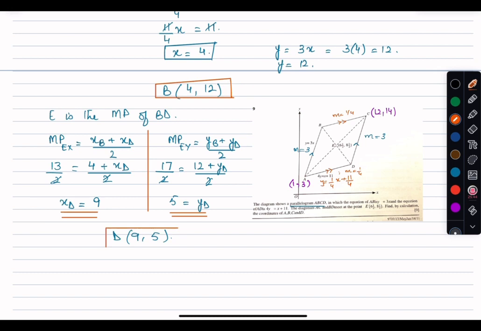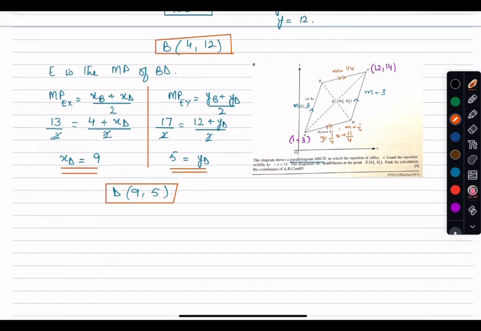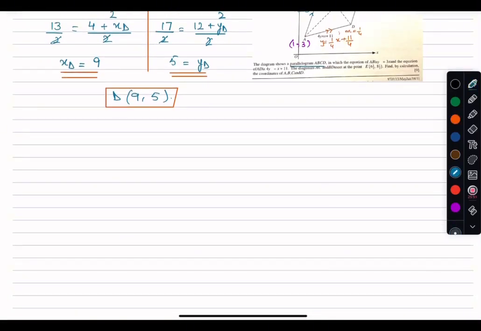So just writing all the coordinates of A, B, C, and D: A was having the coordinates 1, 3. B was having the coordinates 4, 12. C was having the coordinates 12, 14, and D was having the coordinates 9, 5, and this is going to be the answer.